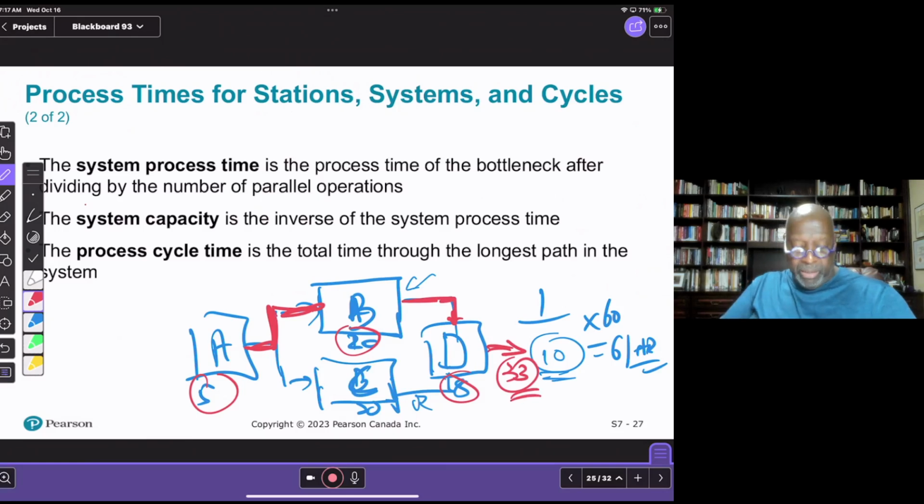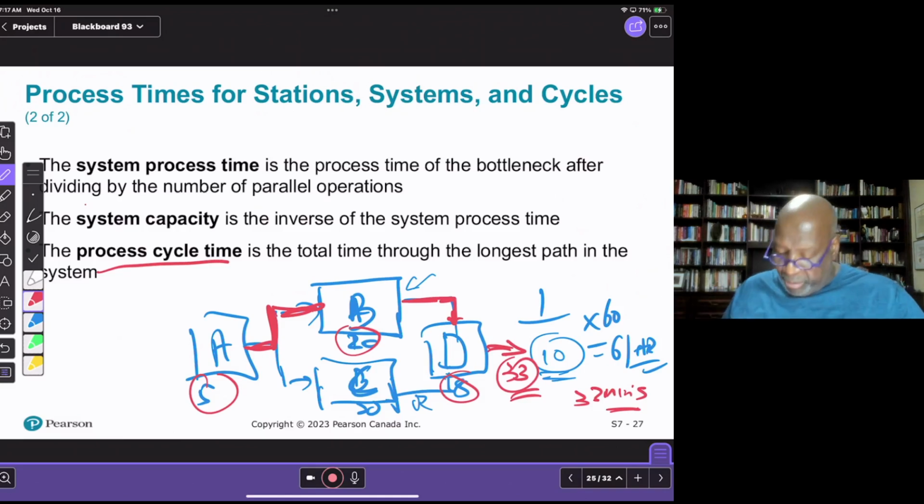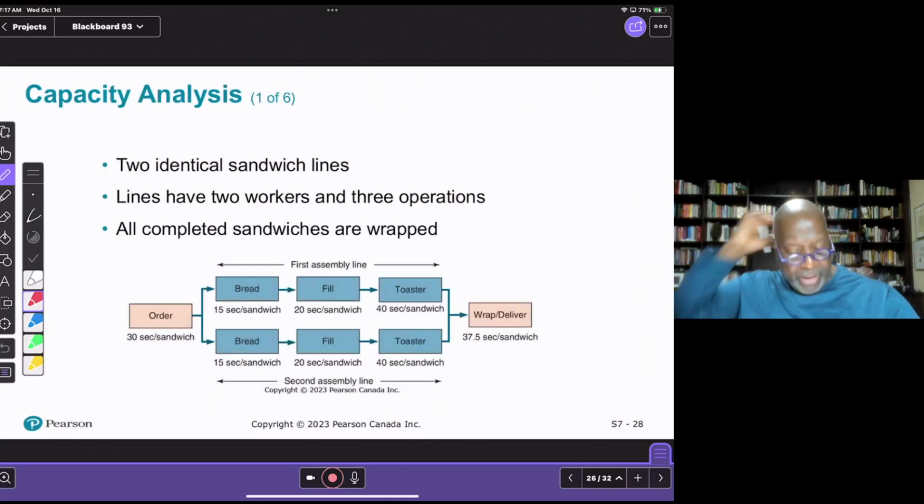So the process cycle time is still 33 minutes. However, every 10 minutes we will get a product coming out of that system. Let's take a look at a couple of those quickly.